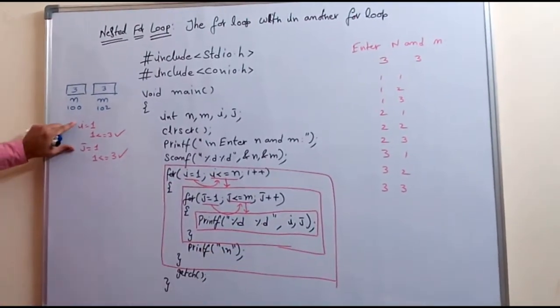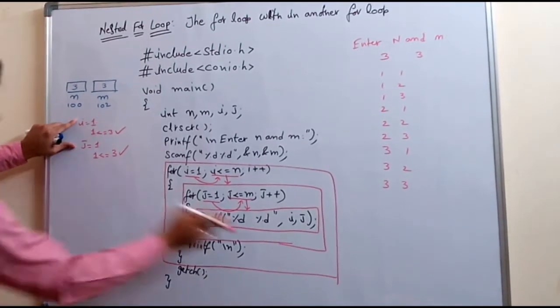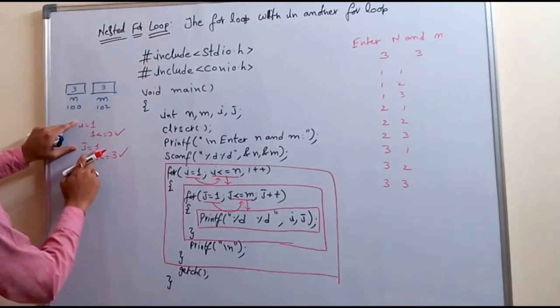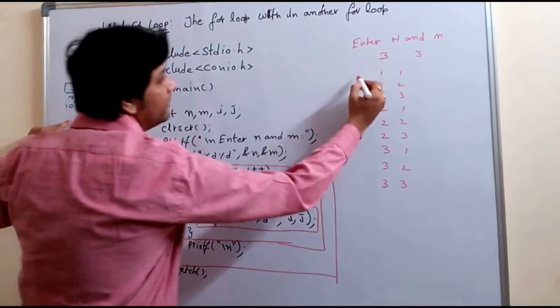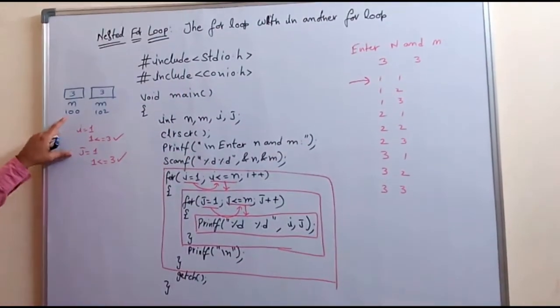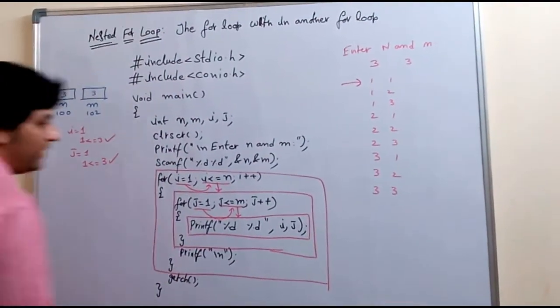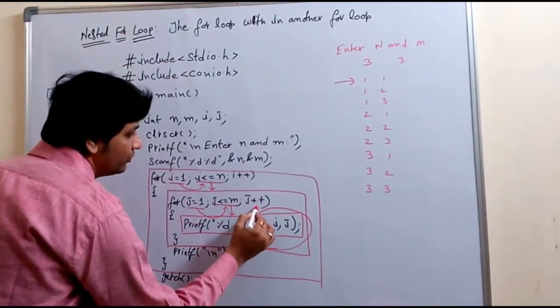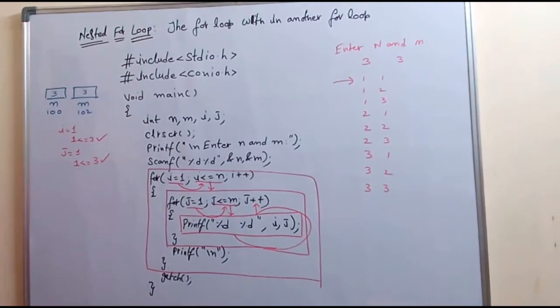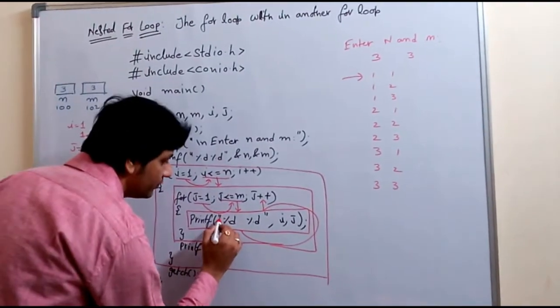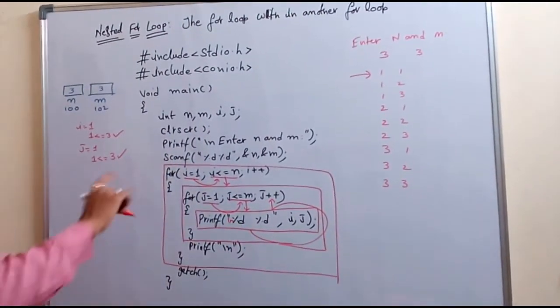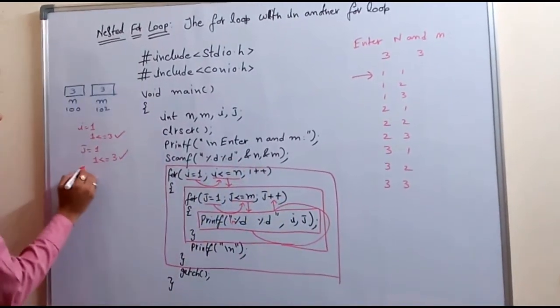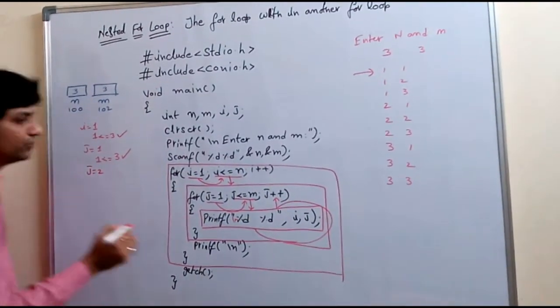The i value is 1 and the j value is also 1, so this 1 1 is going to be displayed. After that it moves to j plus plus. Sorry, here we need to put slash n. j plus plus means j becomes 2.